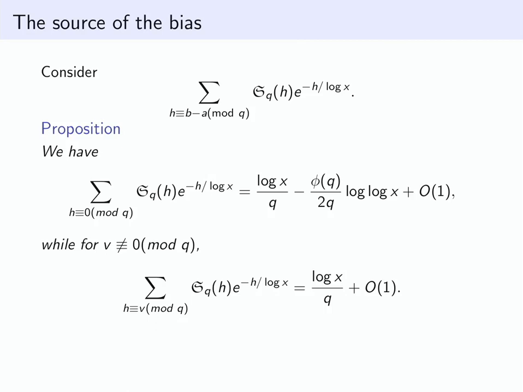You'd also need to be much more rigorous in quite a few places along the way. But at first order, this is where this bias against repetition comes from. And just to say, the reason for this is that only the first Dirichlet series has a pole at s equals 0. It turns out that the second one doesn't, and so you don't pick up a term of this type.